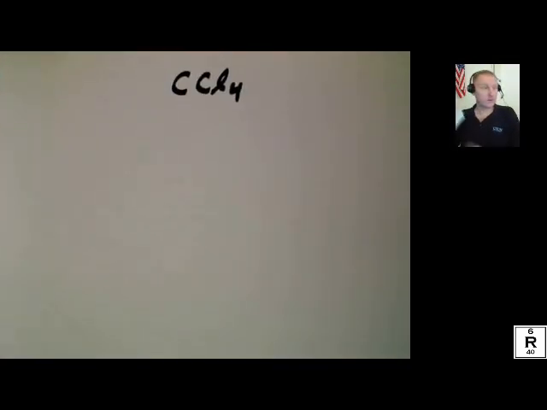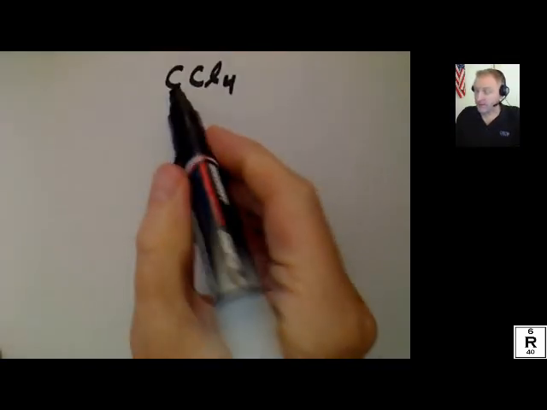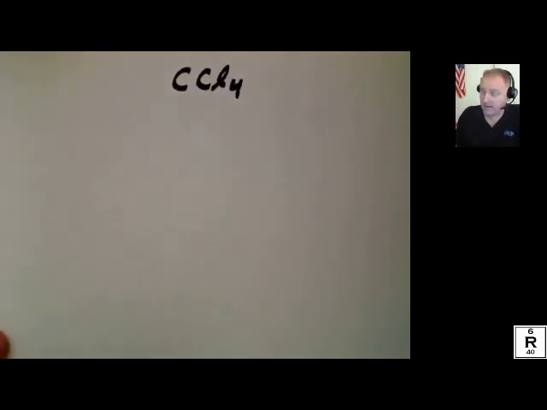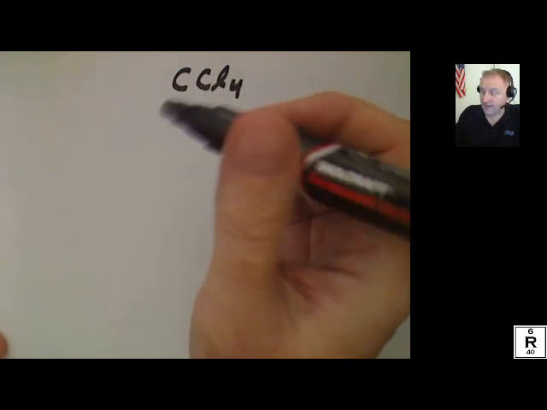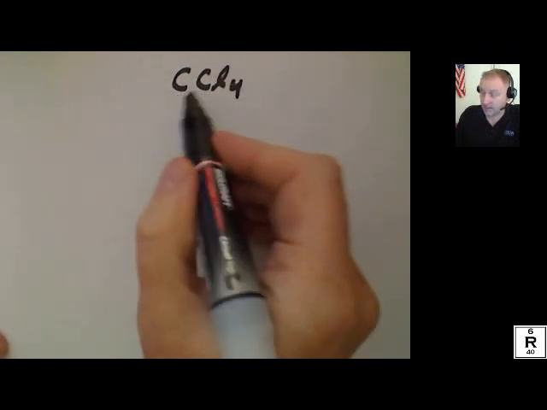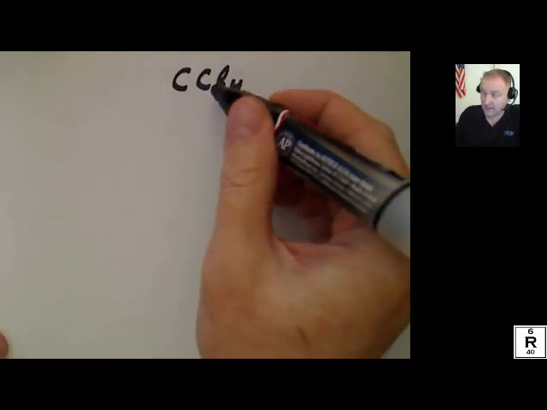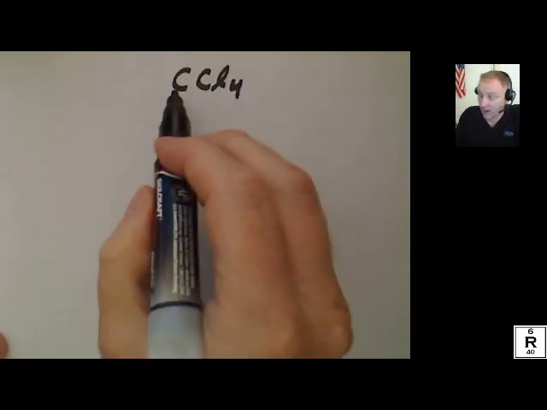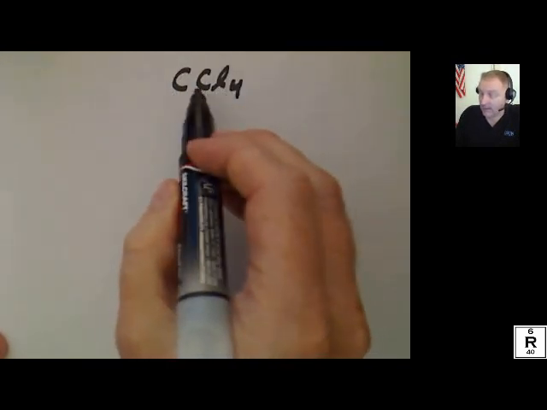We'll do carbon and 3 chlorines. Now, when you're handwriting in chemistry, it's useful to make the lowercase in cursive so that we can see that that's a carbon and a chlorine, that's a lowercase.